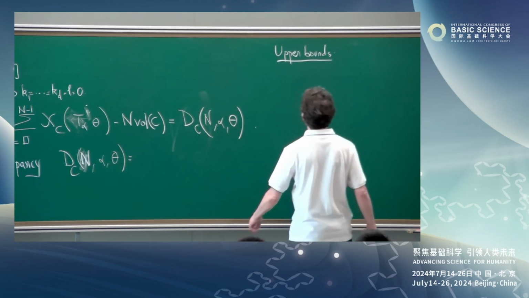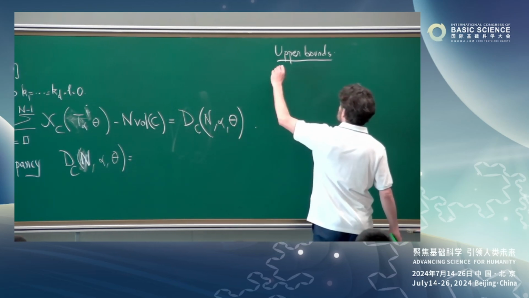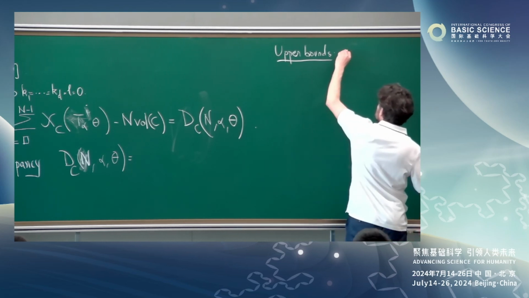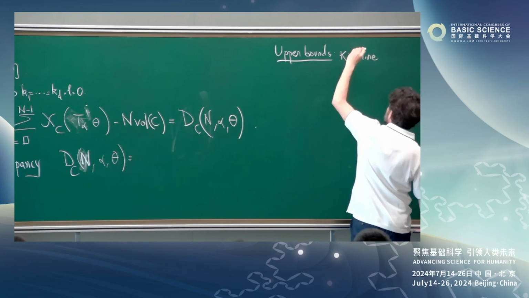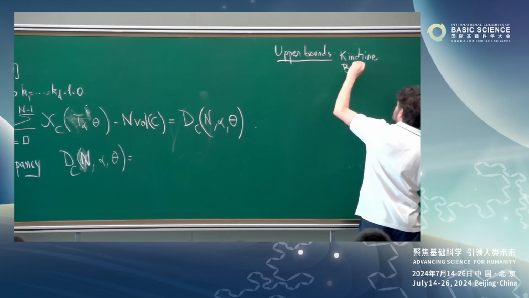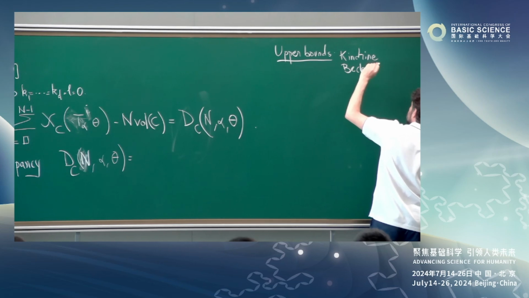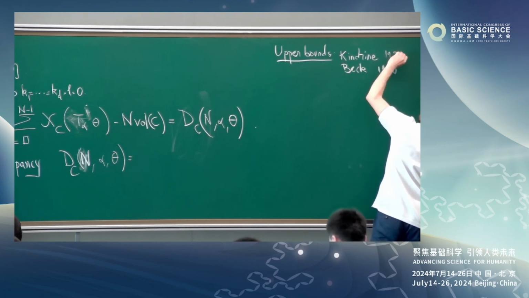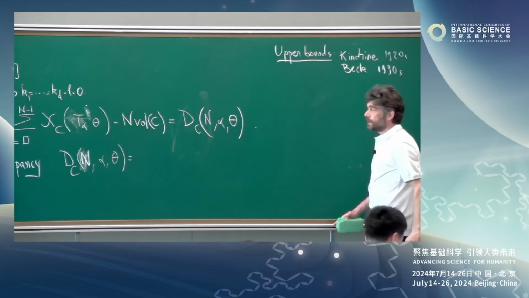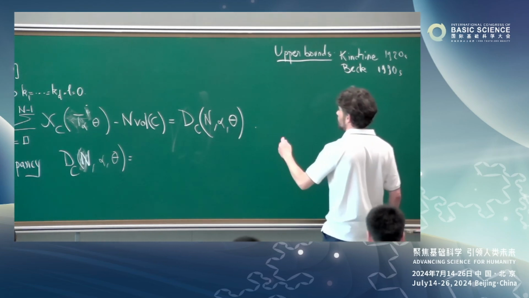And there you have this result that is due to Khinchin in the 20s and then Beck in the 90s. So you see there is like 70 years difference. The result is the following.